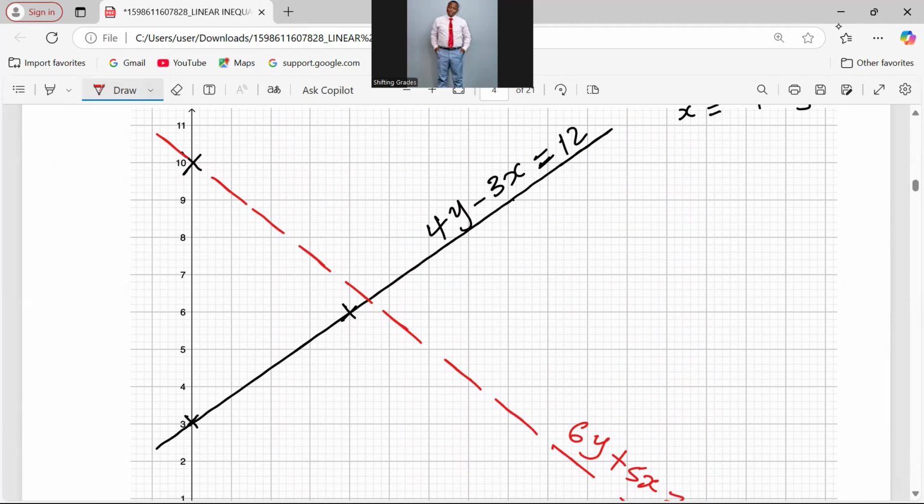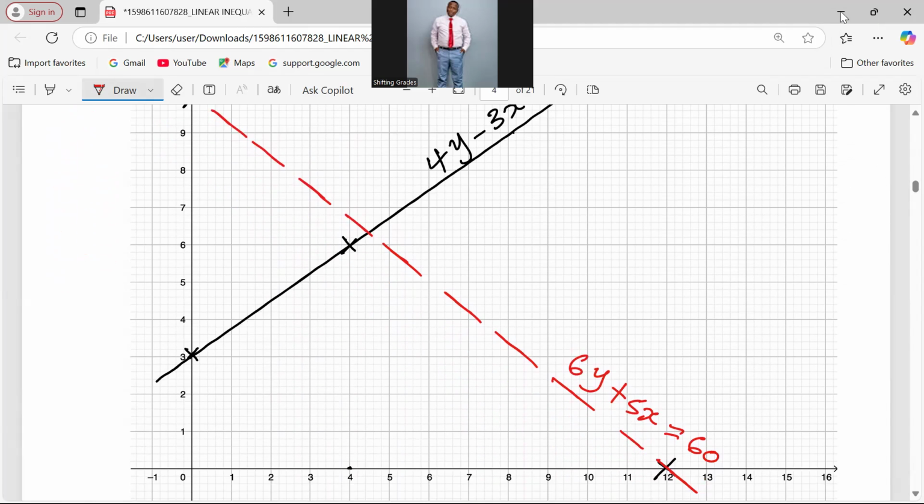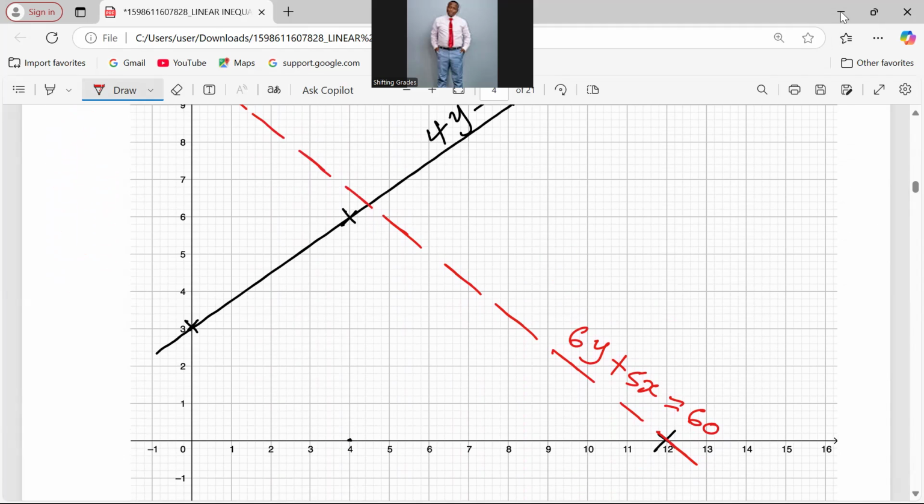We can check some more lines, like y greater than or equal to 3. So this one is equal to 3. Let's check line y equals 3. We go to the y-axis and identify where 3 is, and we can automatically see where 3 is.